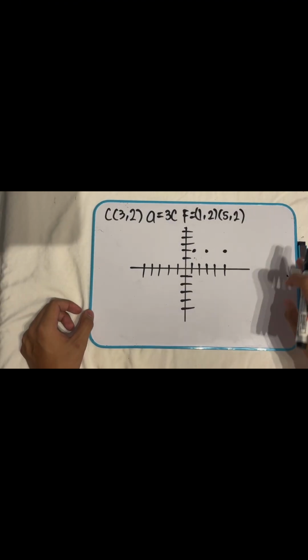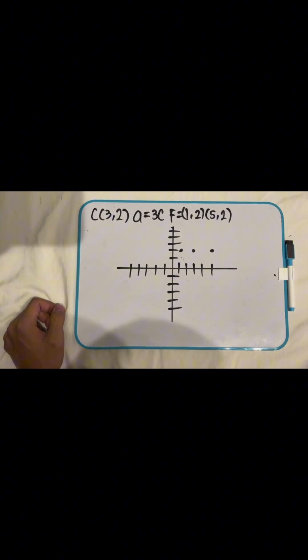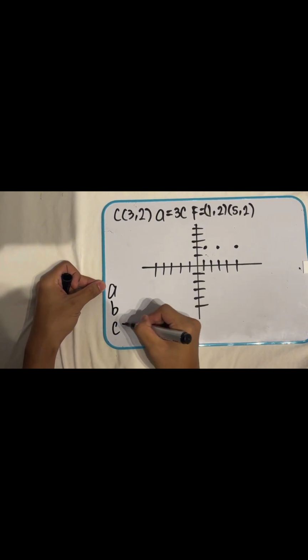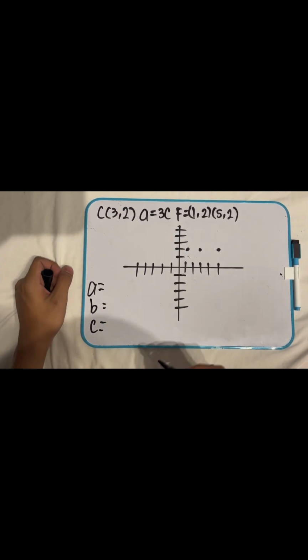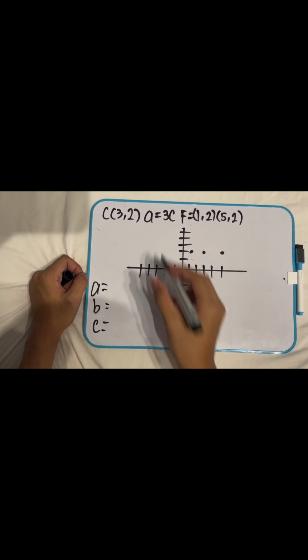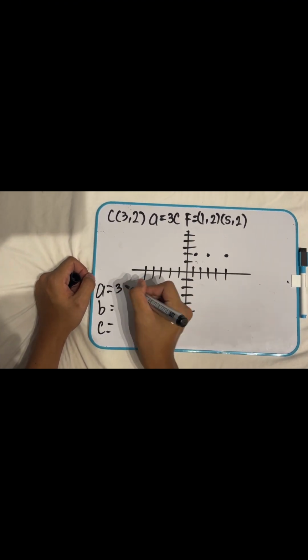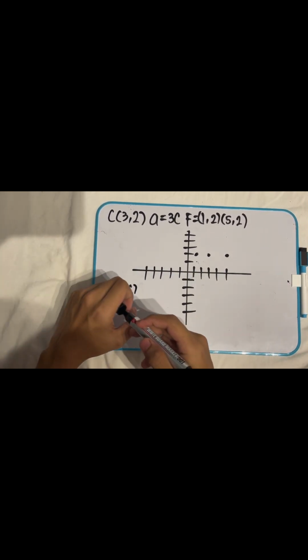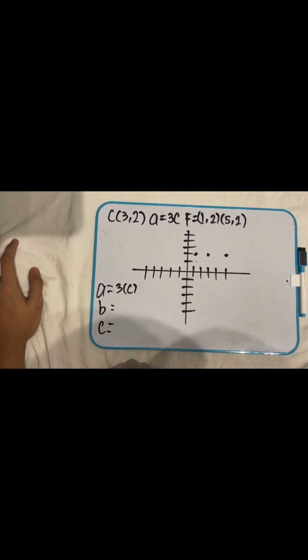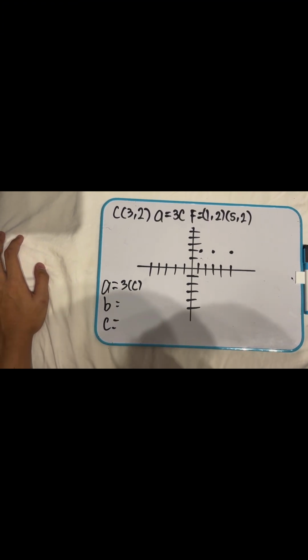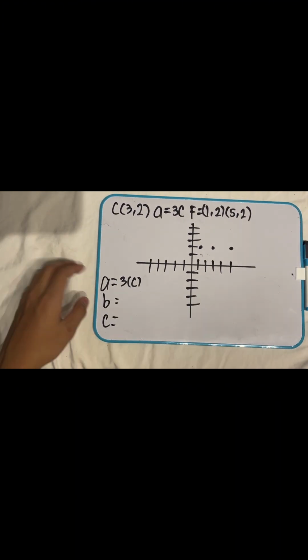So again, let's find the standard form of this given. First, let's look for the a, b, c values. So our a value is given right here, which is 3. Our c value isn't given, so let's solve for c.